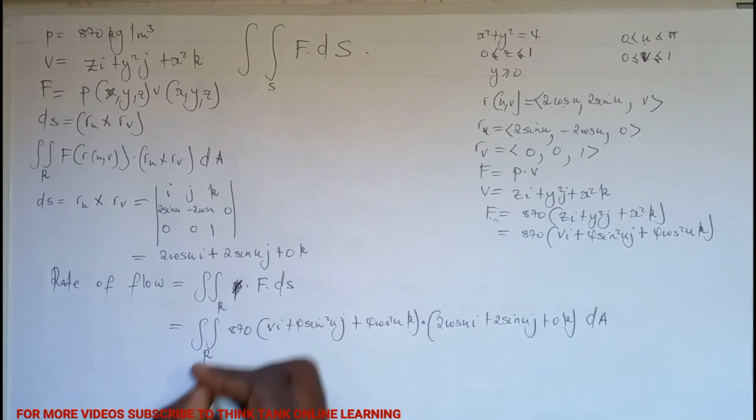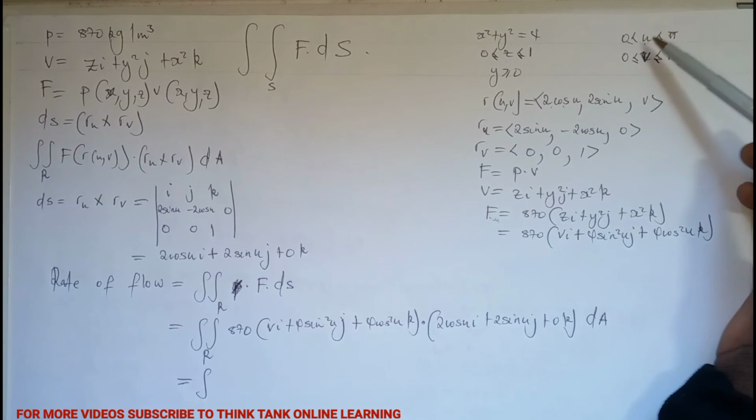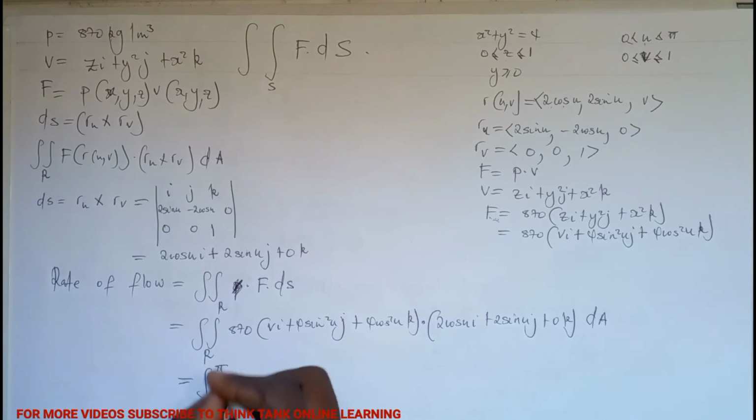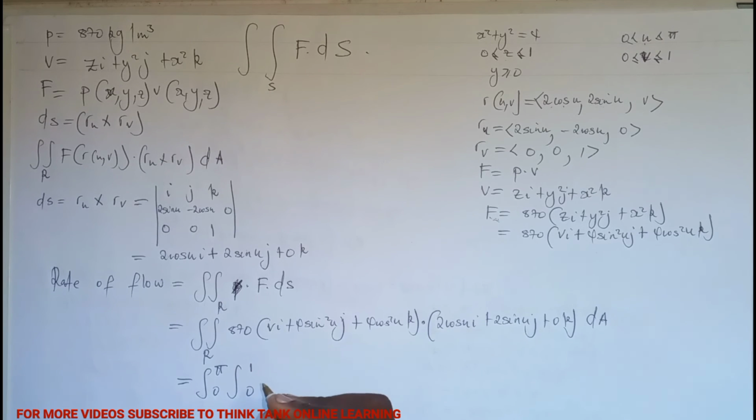So this is now the area element of the region. If we simplify here, for dA, instead of writing dy dx, I have u and v. So u is my angle from 0 to pi, and v, which is z, from 0 to 1.